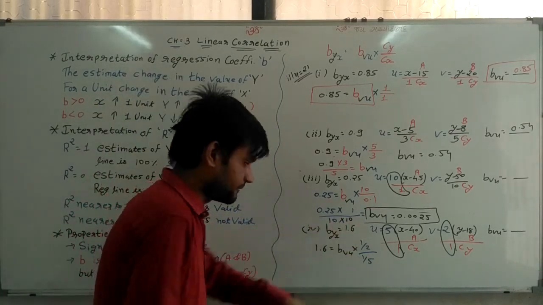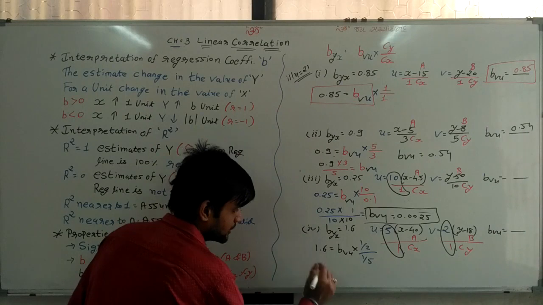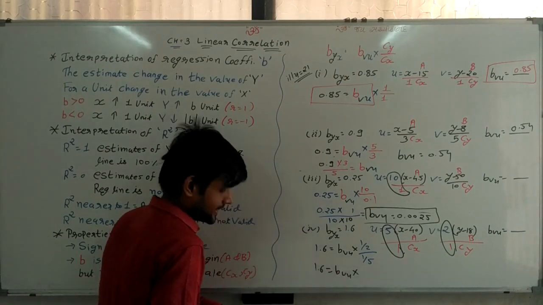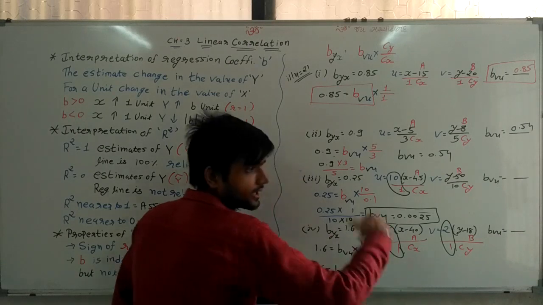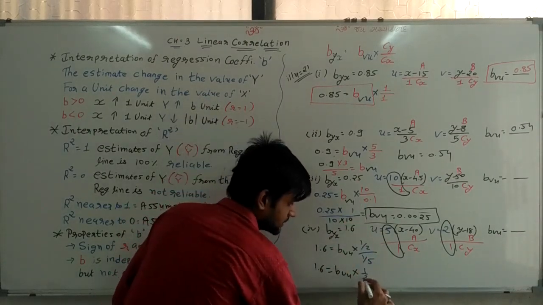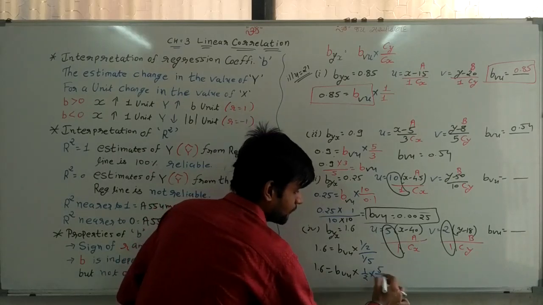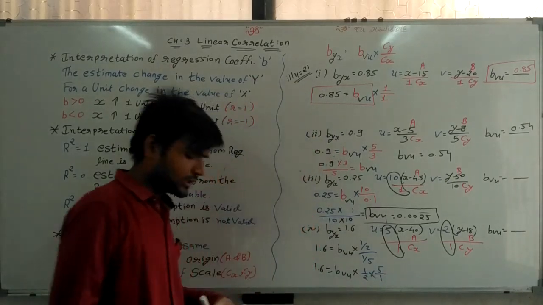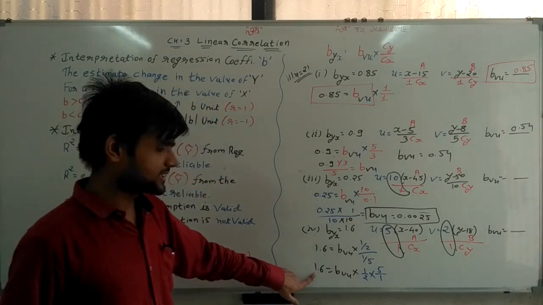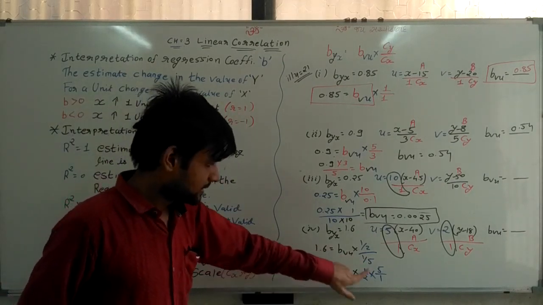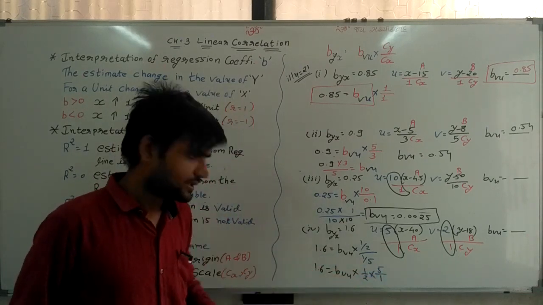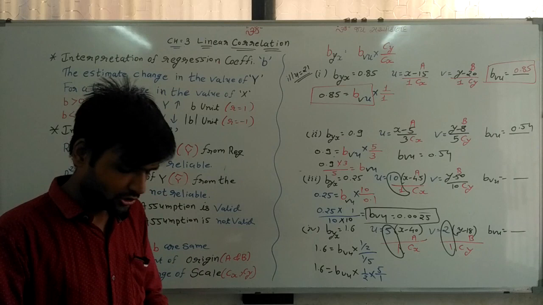From that I am giving you one way. 1.6 as it is, BVU as it is. Now change the side of denominator and multiply it by inversing it. So 1 upon 2 as it is, multiply 5 by 1. So that you can get the answer easily. Now 1.6, 2 is in multiplication, 5 is in division. Then we will get BVU.